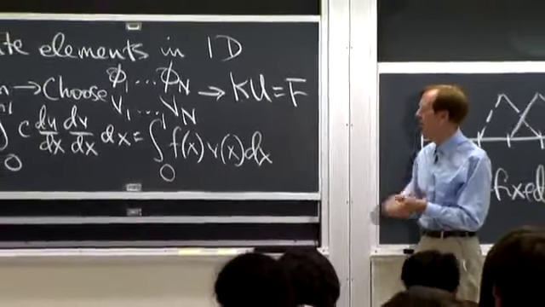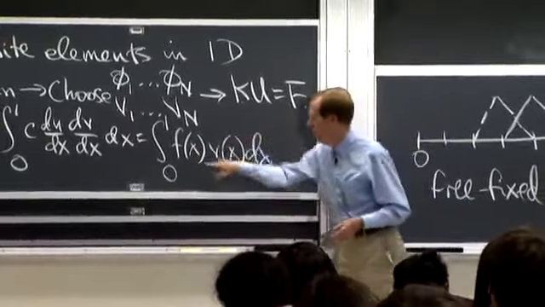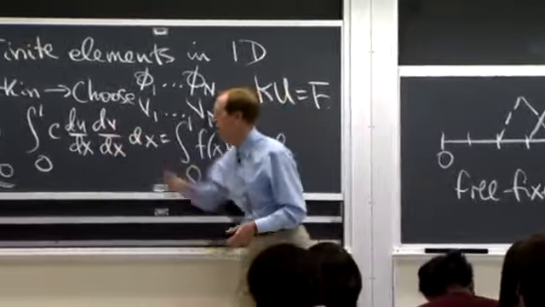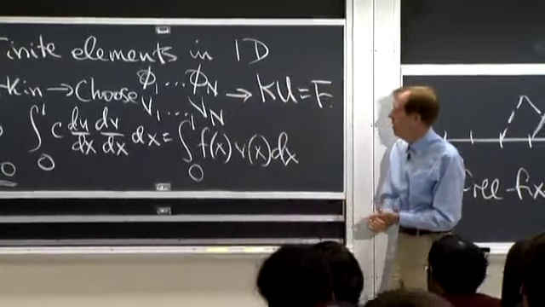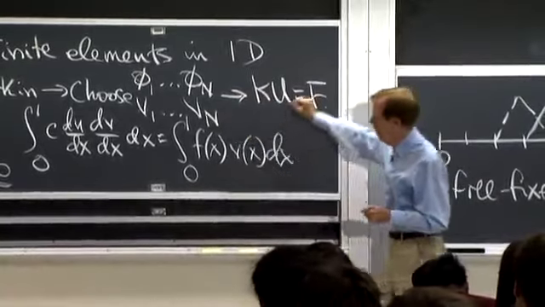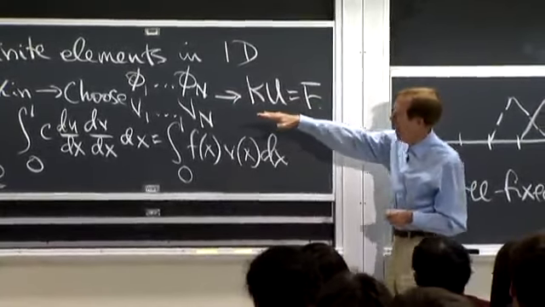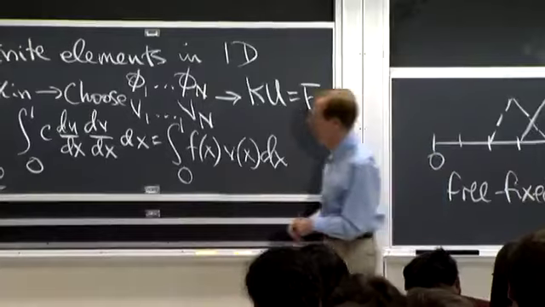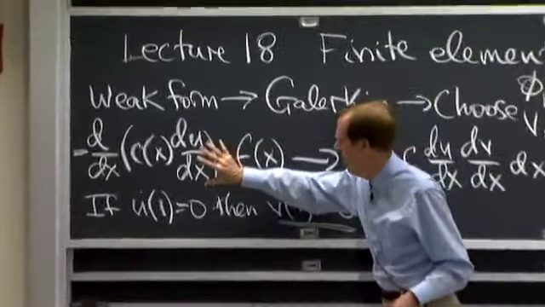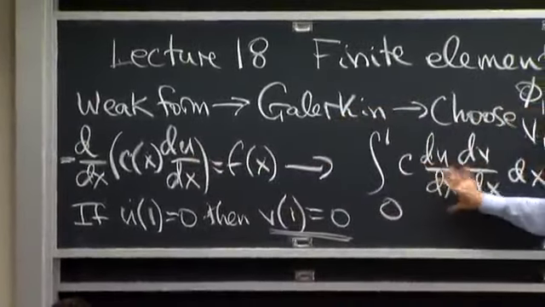Where does the f come from? The f is going to come from this right-hand side, and the K is going to come from the left side. Okay, so that's the overall direction. If you want to know how finite elements work, that's the key line there. And then here I've recalled what the step was. Here's our differential equation, and there's its weak form.